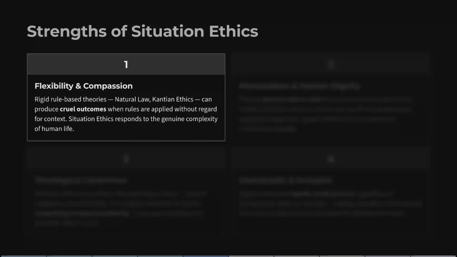These are not hypothetical edge cases, they're exactly the kinds of situations real people face. Situation ethics responds to them by asking what love actually requires in this specific situation. And that responsiveness is a genuine moral achievement, it's not a weakness.